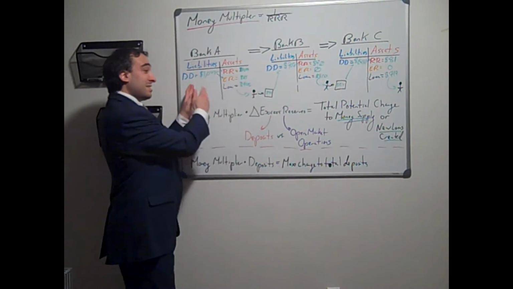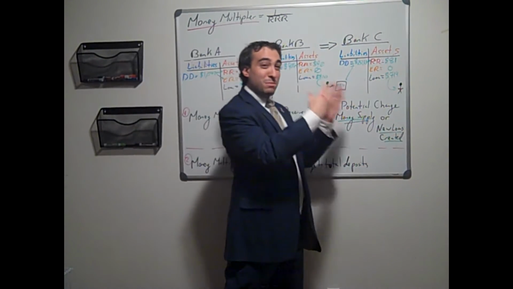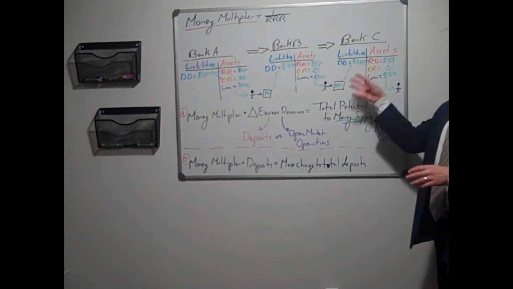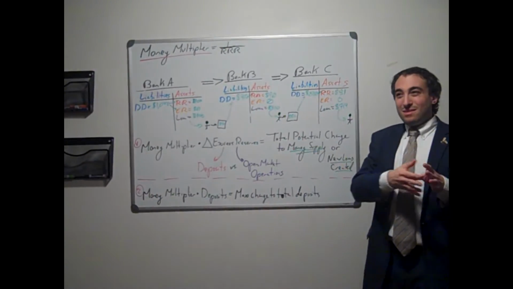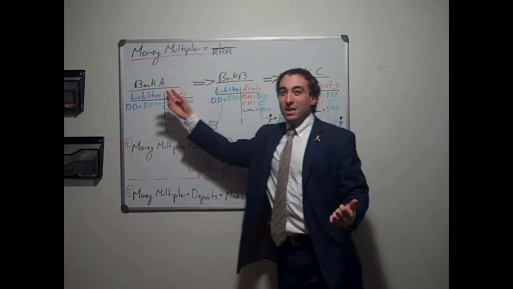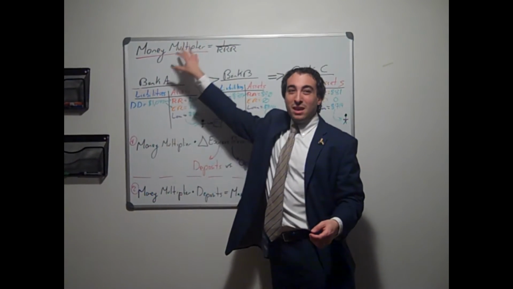That initial $1,000 increased the money supply to $2,710. Money literally was created from that initial deposit. So that is the money multiplier.